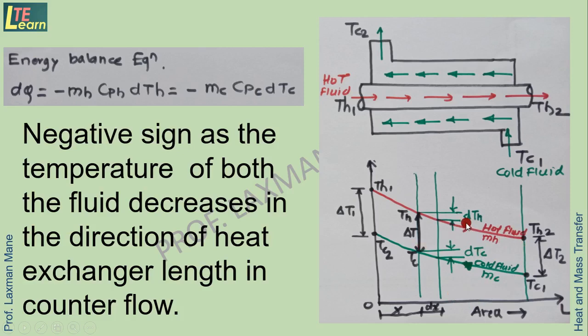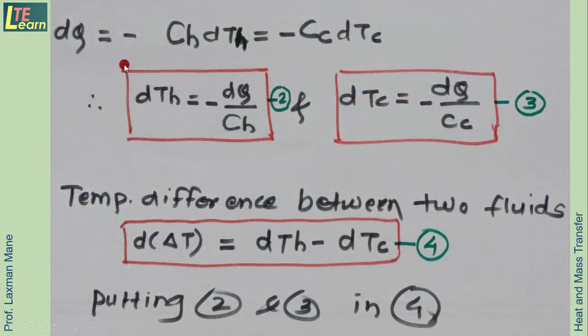Now here if you see, dTh will be on this hot line, the temperature difference during this elementary area for length dx, and dTc is a temperature difference on the cold line during this elementary area flow. So we will have further modification in the equation.